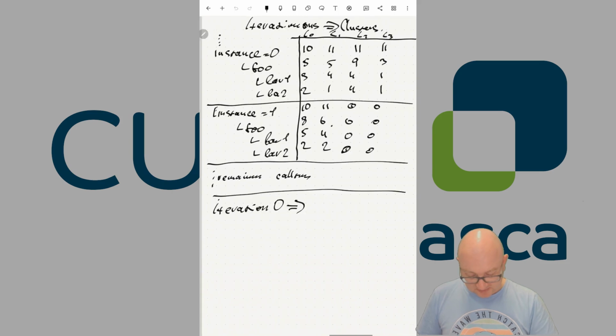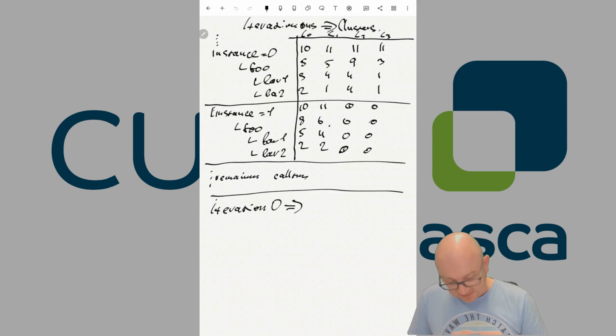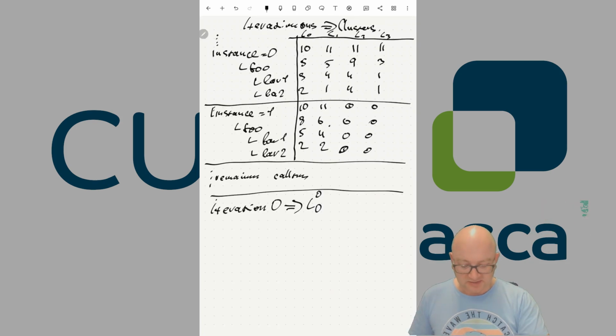This is location 0, 0, which means it is iteration instance 0, location 0.